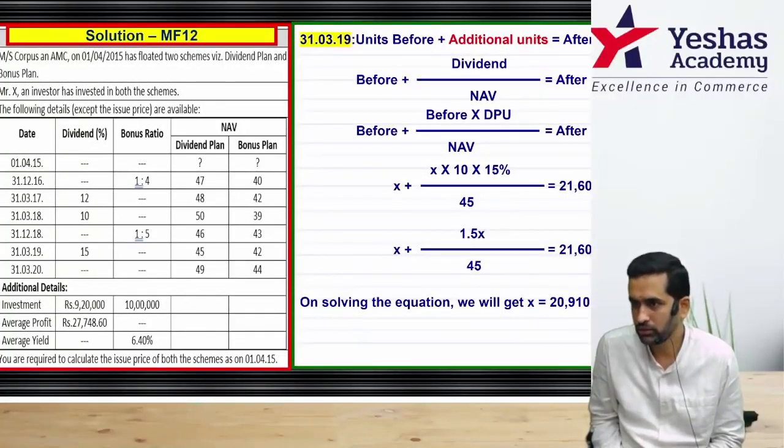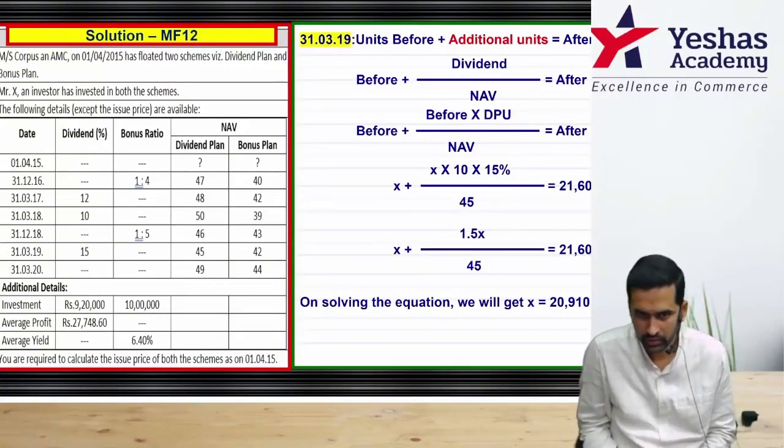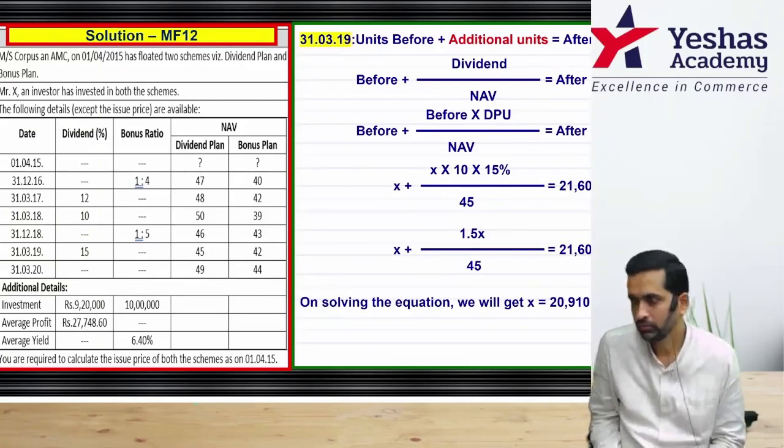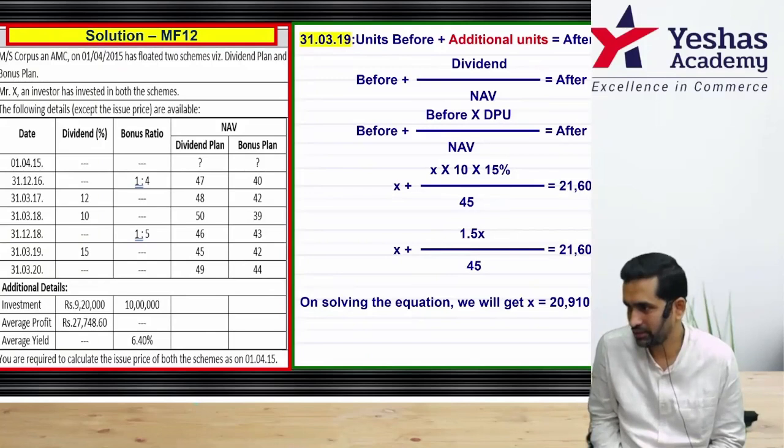We'll have to do some cross multiplication. Keep it easy. You can do 1.5 by 45 here itself, and then it becomes easy instead of multiplying big numbers.